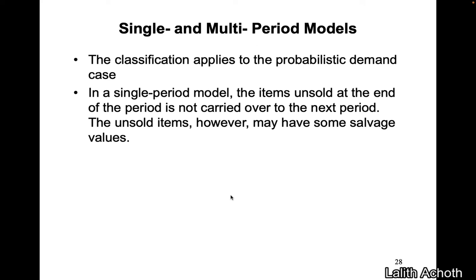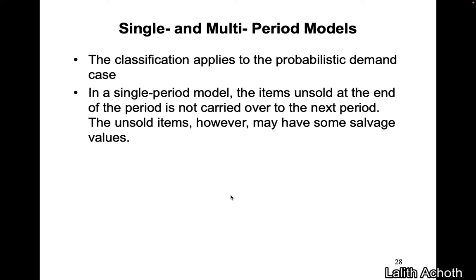Now think of a vendor in a market. She would have bought a whole lot of fruits and vegetables. Let's assume that she's selling one item, and that is tomatoes. At the end of the day, whatever stock is unsold, she cannot take it to the next day because it will get spoiled. It will be of poor quality.